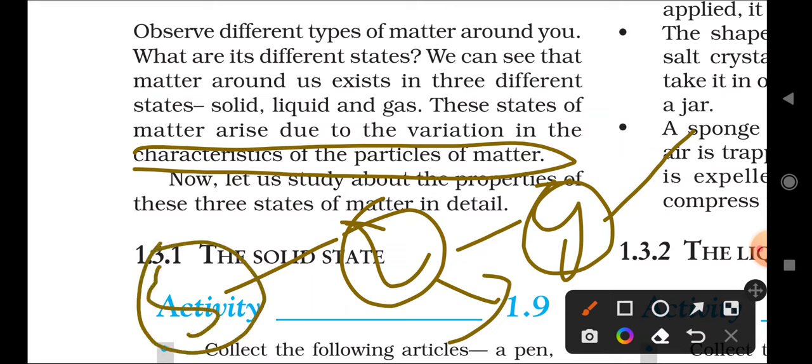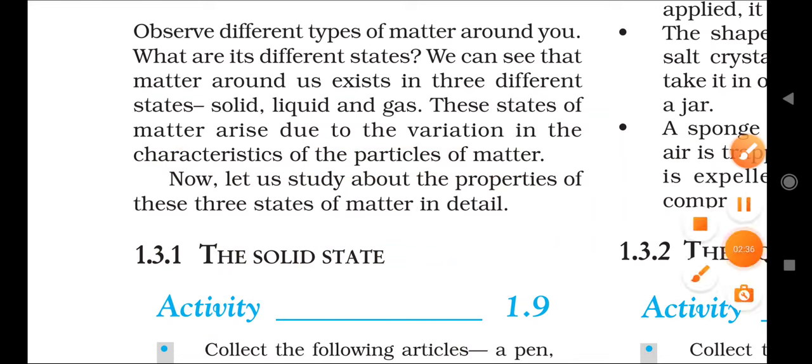So each state has particles with different characteristics, and that is the reason we observe different states of matter.